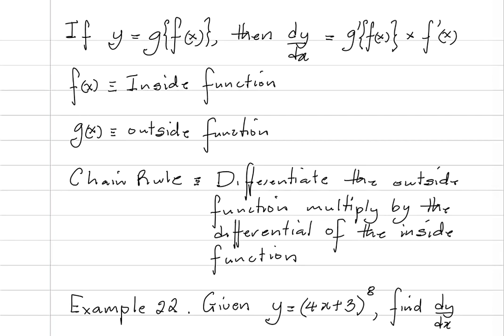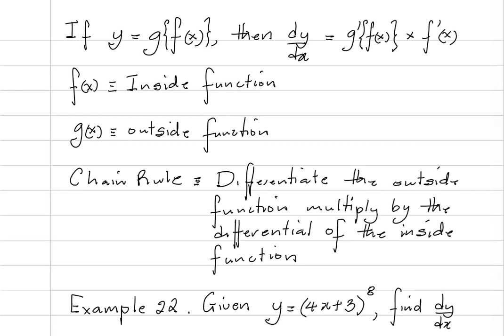So if we consider f of x to be the inside function and g of x to be the outside function, then the chain rule is actually saying that we should first differentiate the outside function and then multiply by the differential of the inside function.